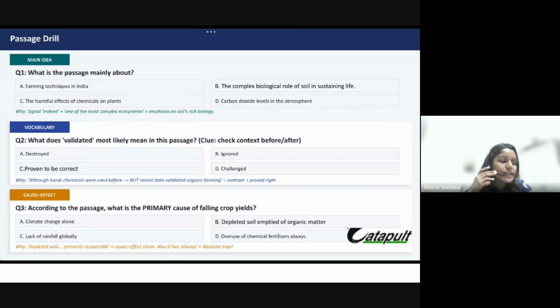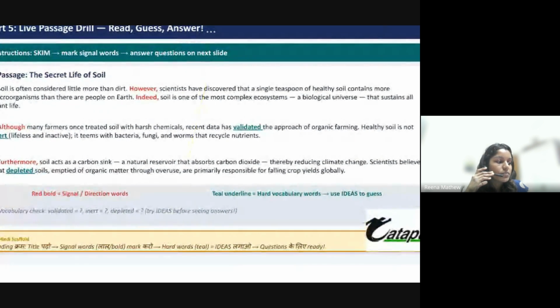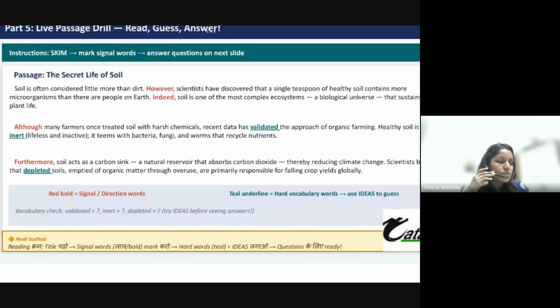Okay. Second might be more easy for you. What does validated mean? Validated word का अर्थ क्या है? Okay, I'll show you the passage again. Validated matlab, can you guess the meaning?